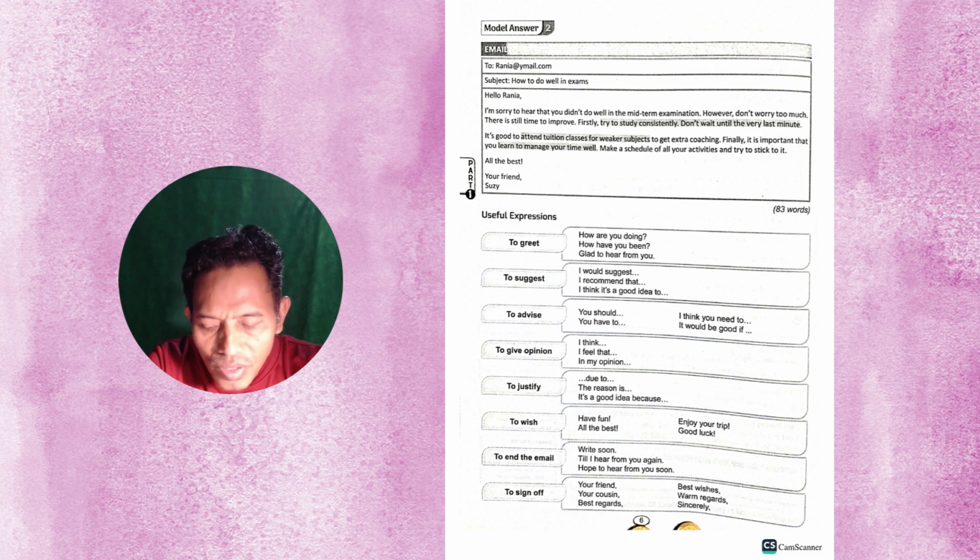To give opinion: I think, I feel that, in my opinion. To justify: it is a good idea because. To wish: all the best. To end the email: write soon, till I hear from you again. To sign off: your cousin, your friend.